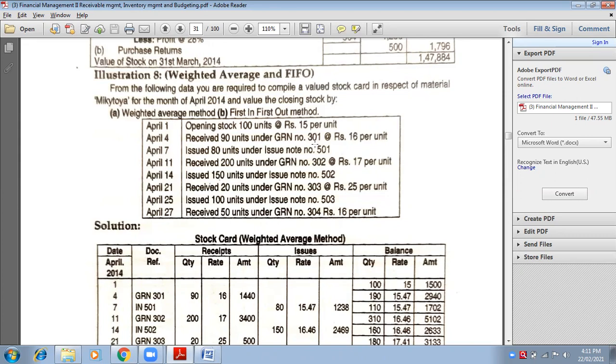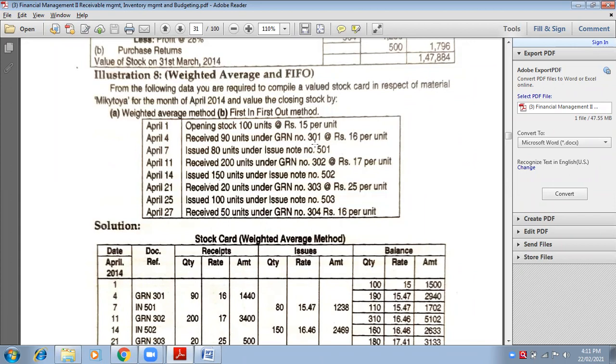We need to take out the first 100 units. Out of 100, 80 units are to be issued. So write down in the issued column 80. What is the rate of 100? 15. So 80 will be multiplied with 15. What is 80 into 15? 1,200. Very good.